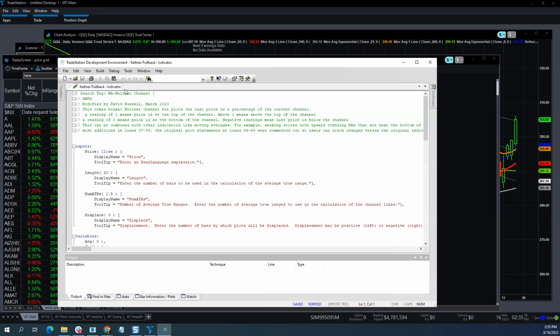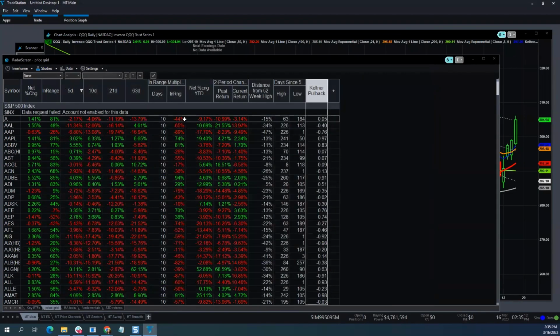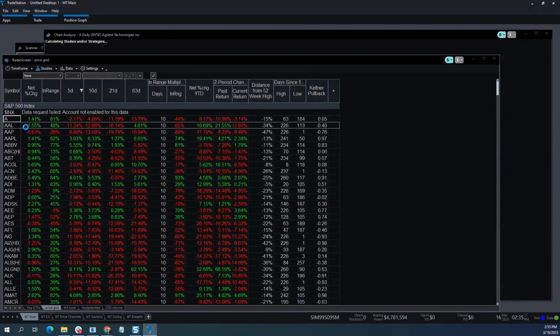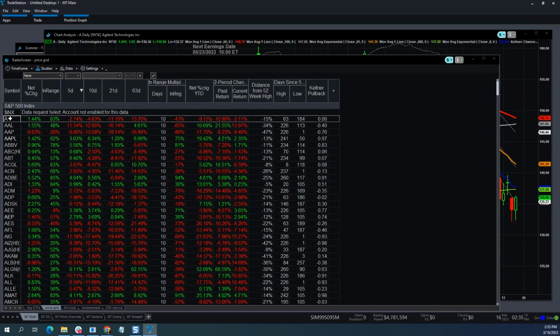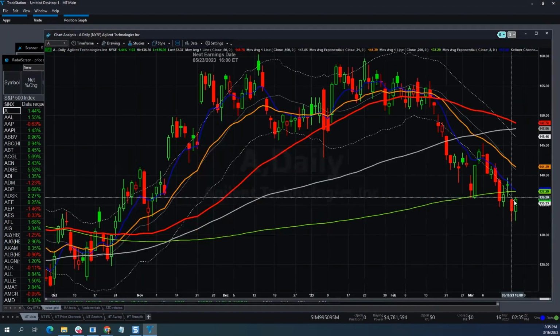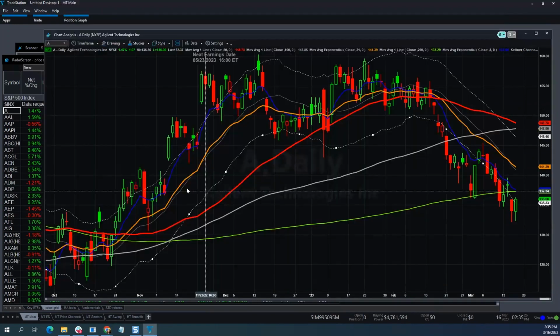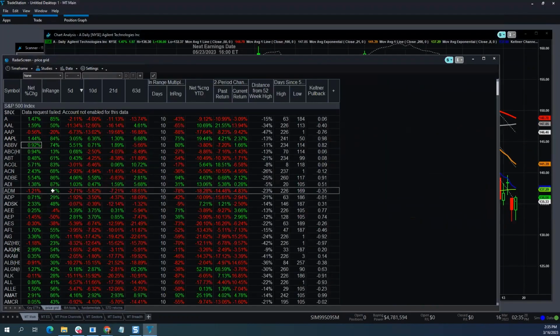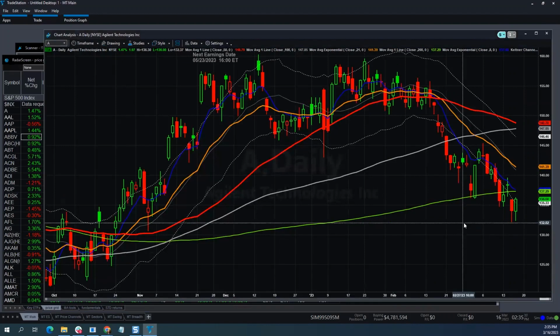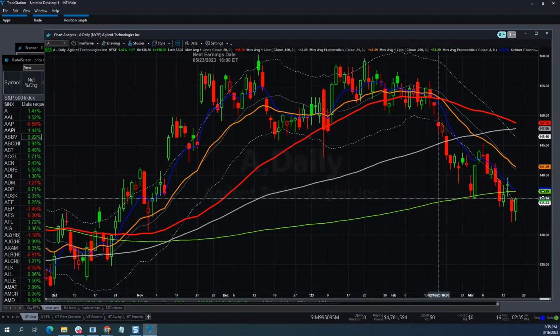Basically, what this tells you is that if it's 0, it means that the price is at the lower Keltner channel. See the price, this is the lower Keltner channel right here.